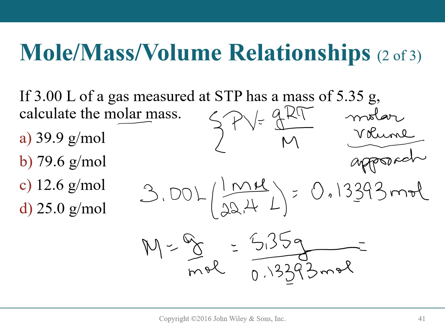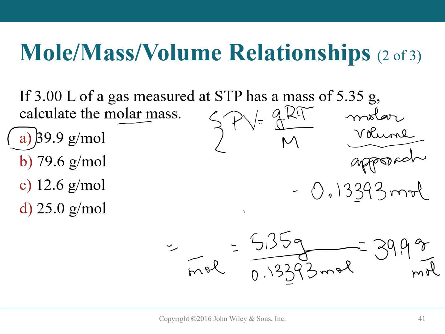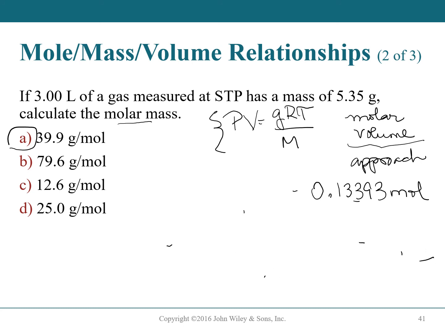And when I divide the two, 5.35 divided by the 0.13393, I get 39.9 grams per mole. Okay, so that's doing the approach like we did on the previous slide, using our molar volume to calculate it out.